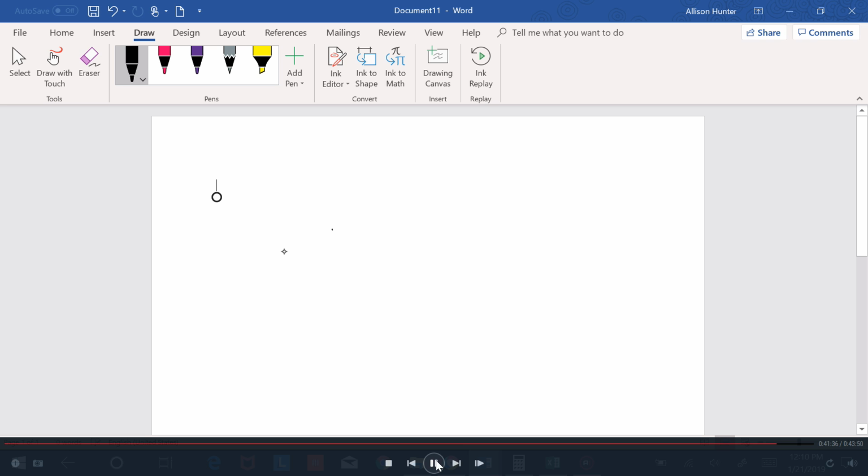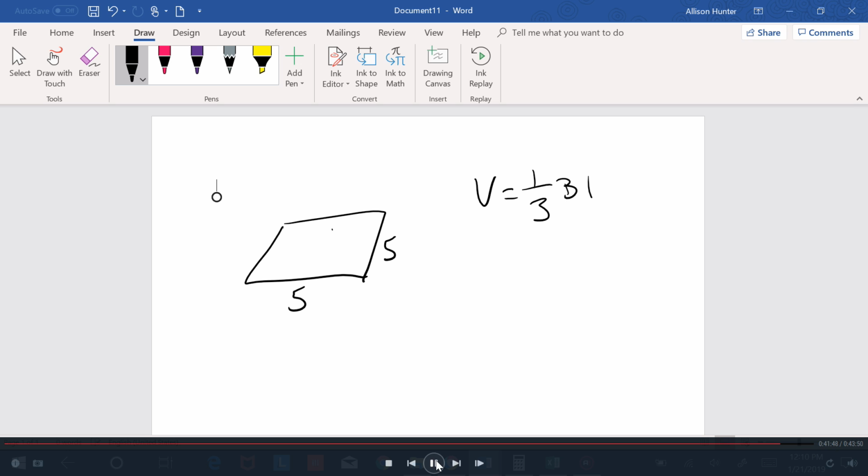They've got their base, and the base is 5 by 5. Volume equals 1/3 base times the height. My base is 5 by 5, so that's going to be 25.